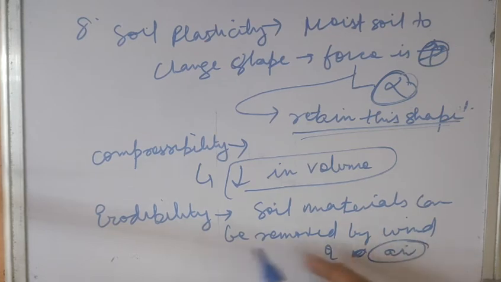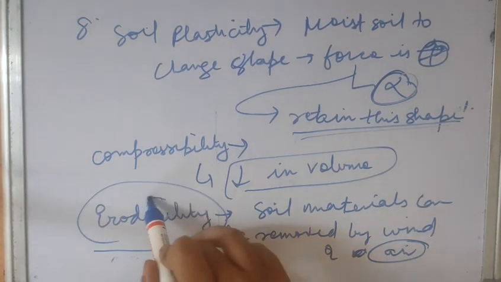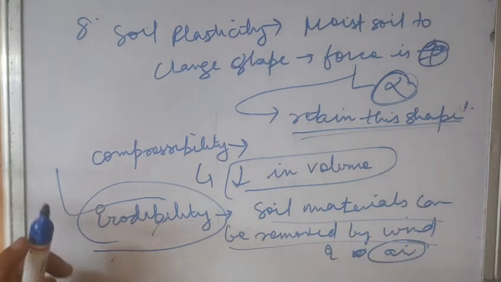Some soils have high erodibility, they can erode easily. Some soils have low erodibility. It comes from soil erosion.